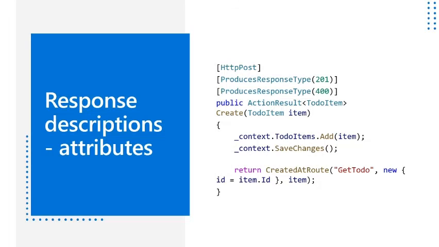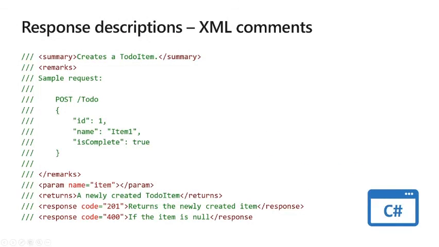The Create action returns HTTP 201 and HTTP 400 status is returned when the posted request body is null. So you see ProducesResponseType 201, ProducesResponseType 400. So Swagger knows that, and I think as a good developer you should know these things already even without knowing Swagger.